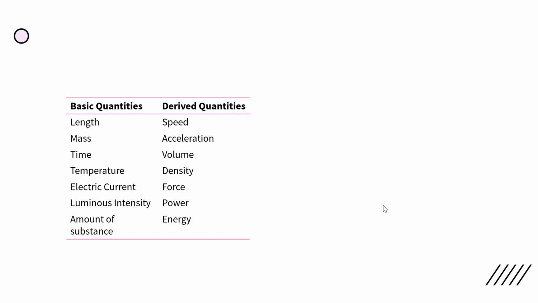So here are examples of basic and derived quantities. So in physics, we have 7 basic quantities. We have length, mass, time, temperature, electric current, luminous intensity, and the amount of substance. While derived quantities such as speed, acceleration, volume, density, force, power, and energy are combinations of the basic quantities.